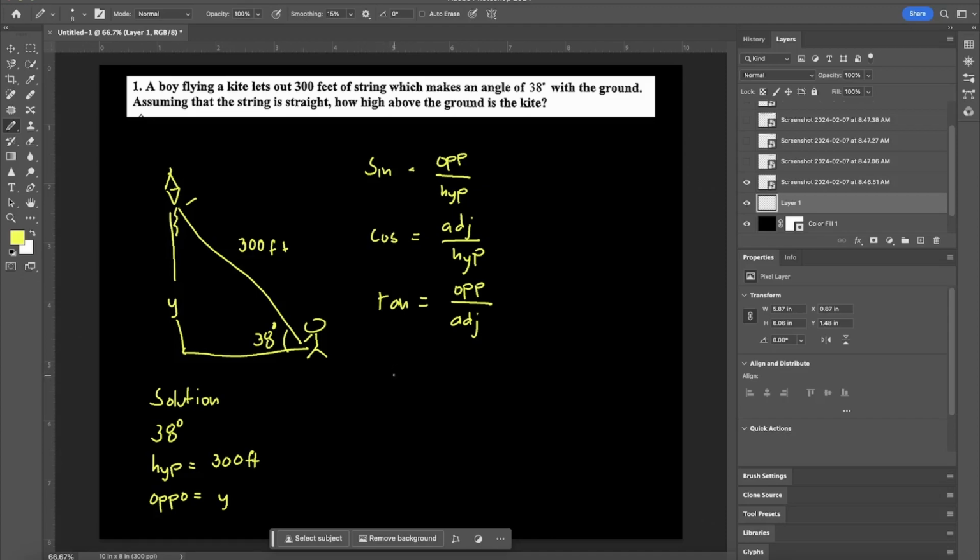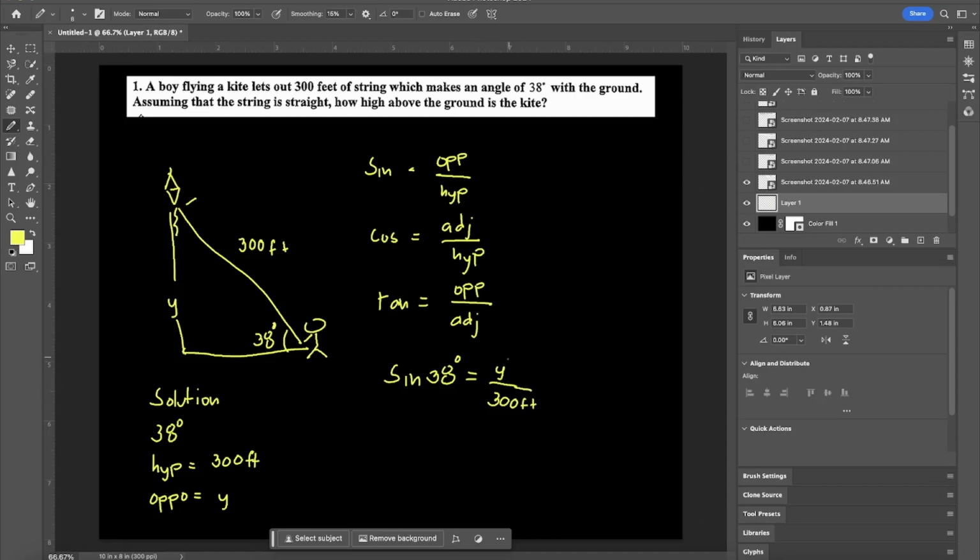So we could say sine of 38 degrees is equal to our opposite side, which is y, over our hypotenuse, which is 300 feet.